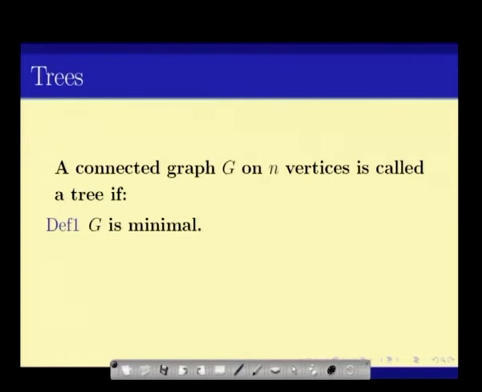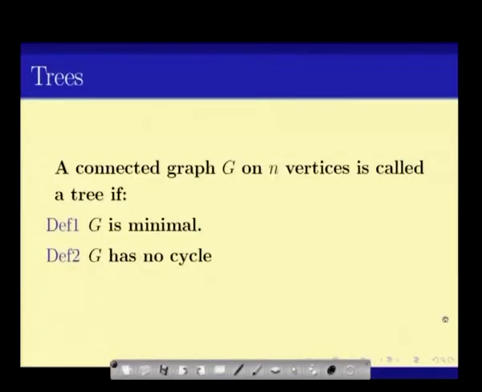A graph G is called a tree if it is connected and it is minimal, in the sense that if I remove any edge from that graph, the graph becomes disconnected. So, this definition is equivalent to saying that this graph G has no cycle.